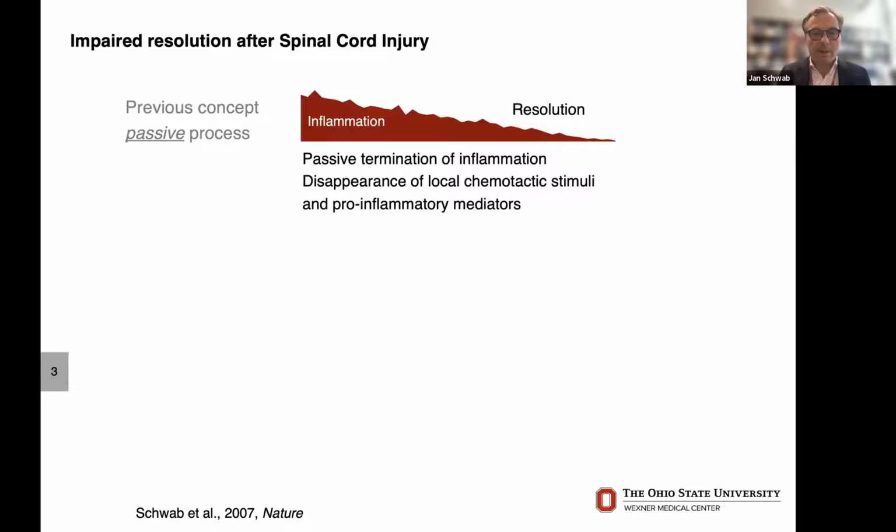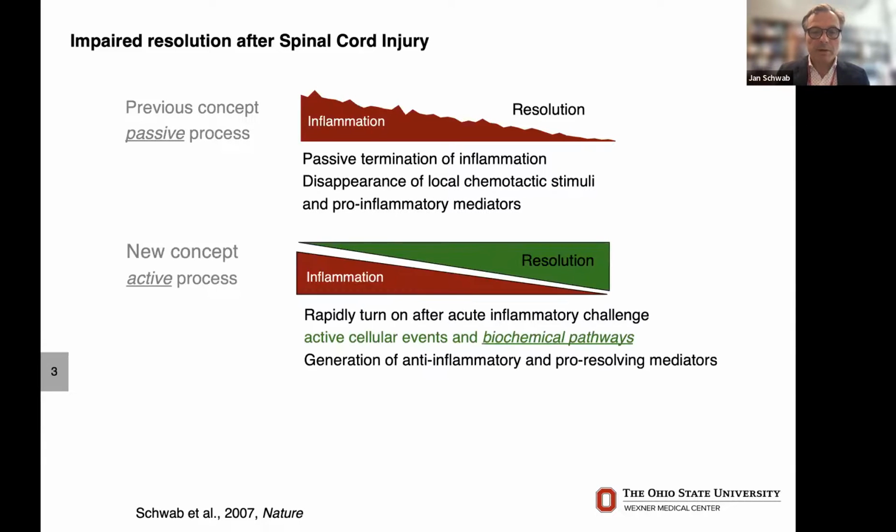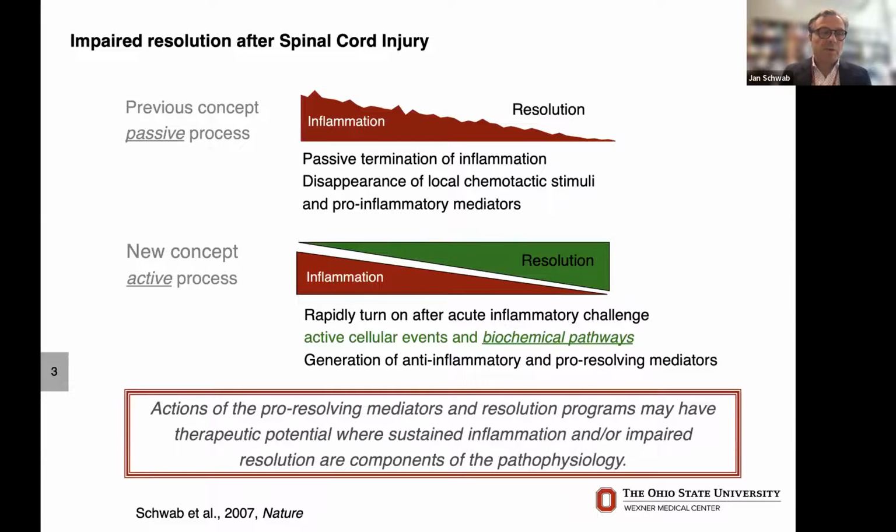This is for sure overcome now by a more recent concept indicating that resolution is already programmed very early on with the onset of inflammation and requires specific biochemical pathways, which then result in the synthesis of pro-resolving mediators being crucial to perpetuate wound healing. So it appears that these pro-resolving mediators could be of particular relevance in pathology where non-resolving inflammation or chronic inflammation is part of the underlying pathophysiology.